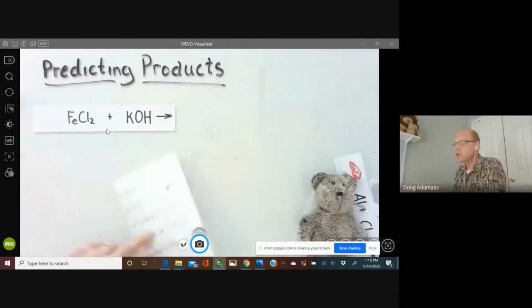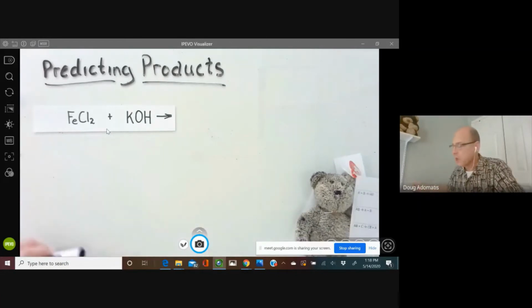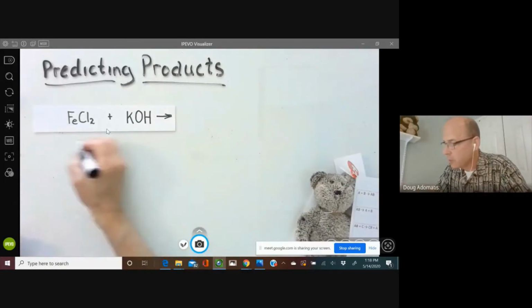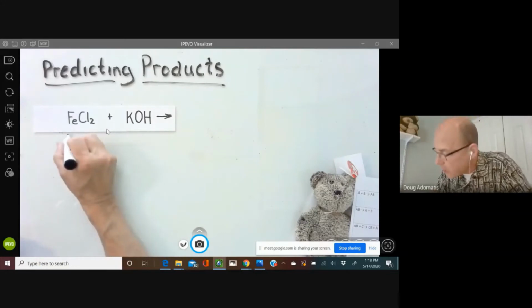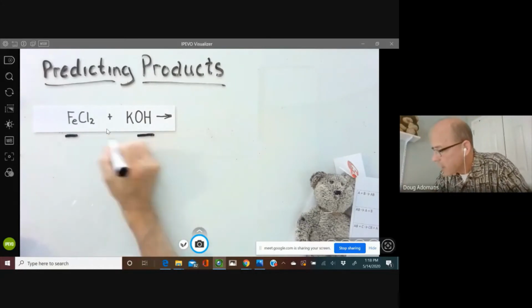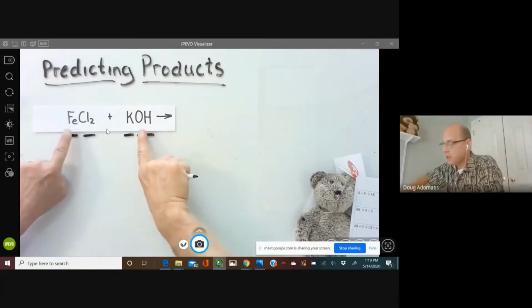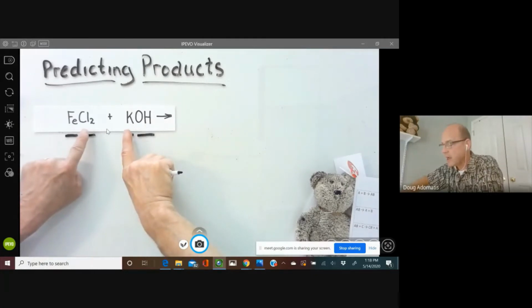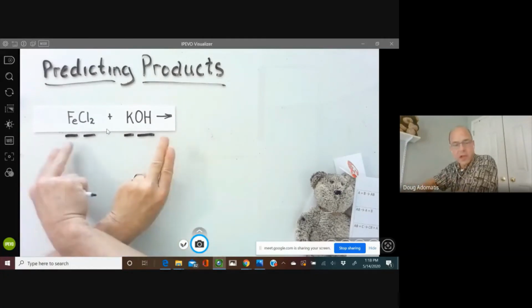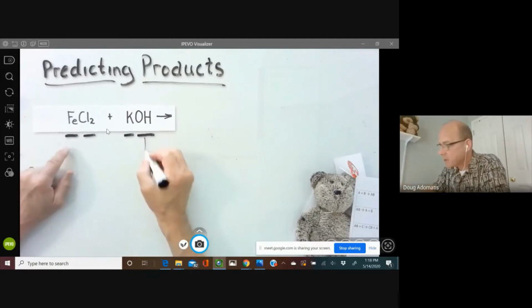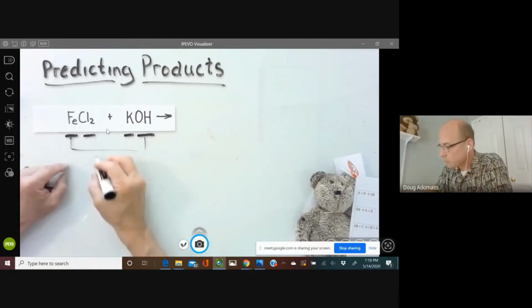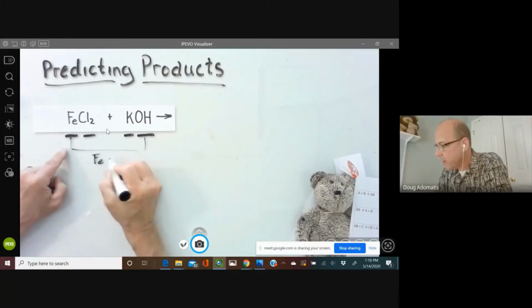Let me show you one thing that might help you when you're doing these double replacements. They talk about the outers and the inners. So these are the ions on the outside, and these are the ions on the inside. When you do a double replacement, a partner swap like that, then the outsides are going to go together. So this is Fe(OH), as we just said, but we know it's Fe(OH)2.